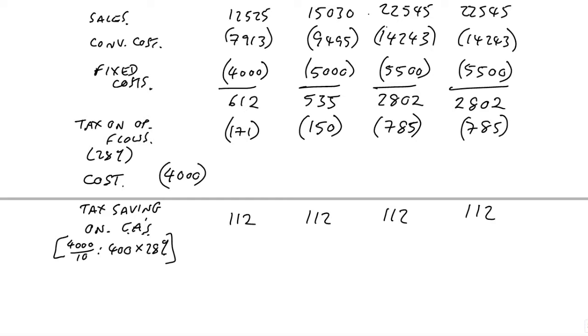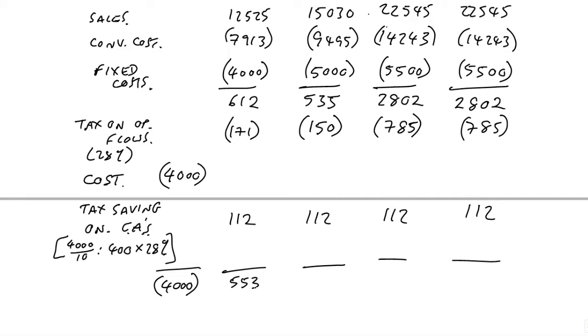And so that's that. Finally, is there any working capital? No mention of working capital. So we've got all the flows. So what's the net cash flow each year? An outflow at time 0 of 4,000. At time 1, 612 minus 171 plus 112, and net 553.